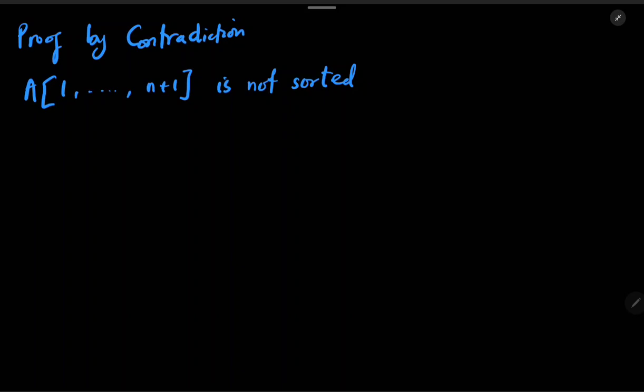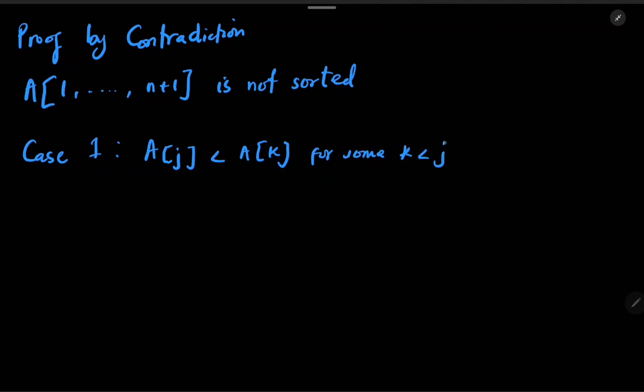Case 1 means that there is an AJ less than AK for some K less than J.